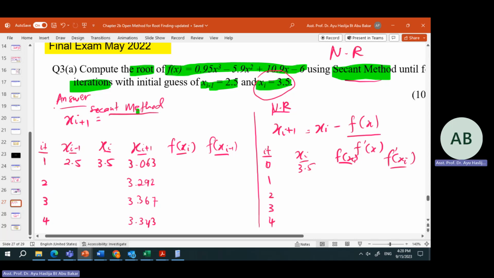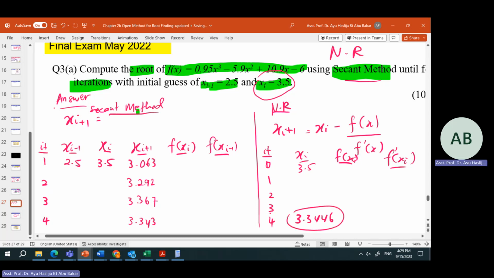For Newton-Raphson, the x_i at the fourth iteration, you get somewhere 3.3446. I think most of you. Balkis, correct? 3.3446, right?